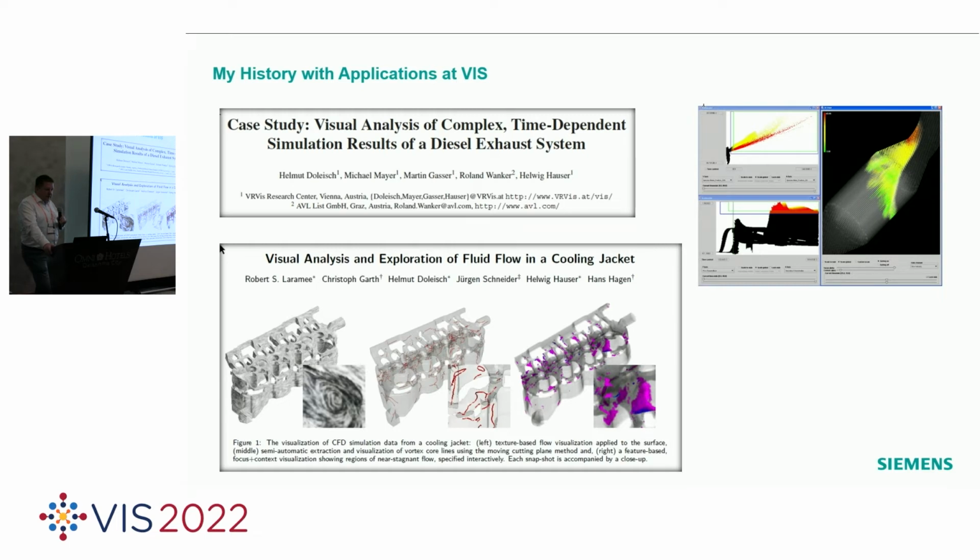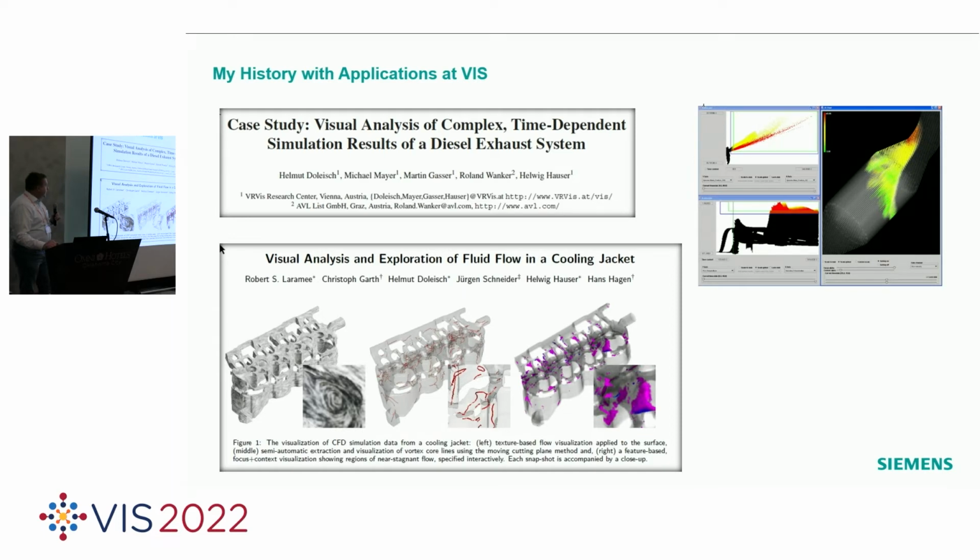That was really very nice work where we could show that introducing an already existing way of how to visualize data into a new field, namely into the application domain of diesel engines and diesel exhaust systems, did work out nicely and led to a couple of new interesting answers to those researchers.